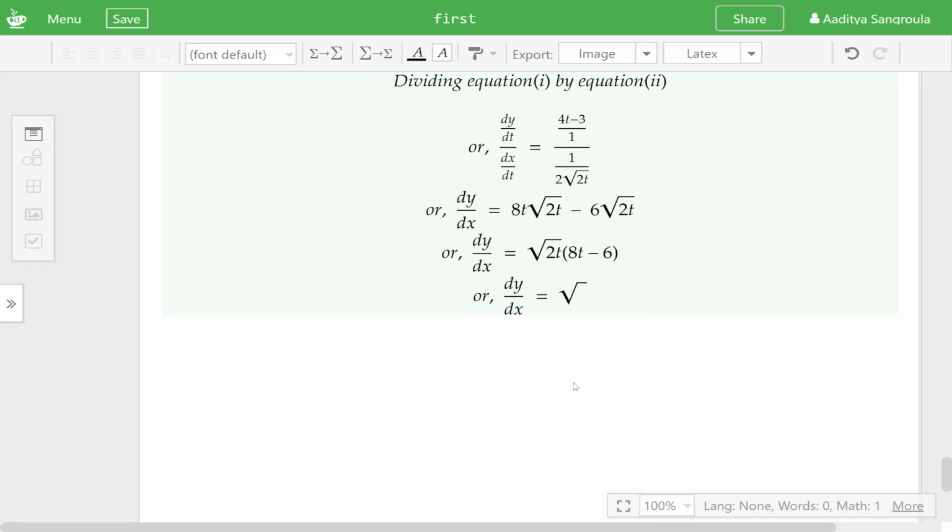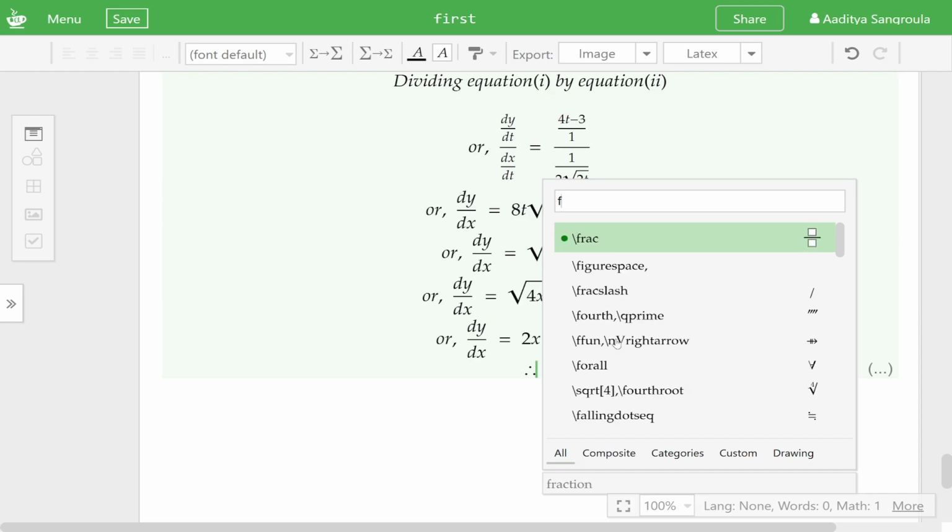And then 2 times 2x squared is equal to 4x squared, times 8 times 2x squared is equal to 16x squared minus 6. And so dy over dx is equal to 2x times 16x squared minus 6.